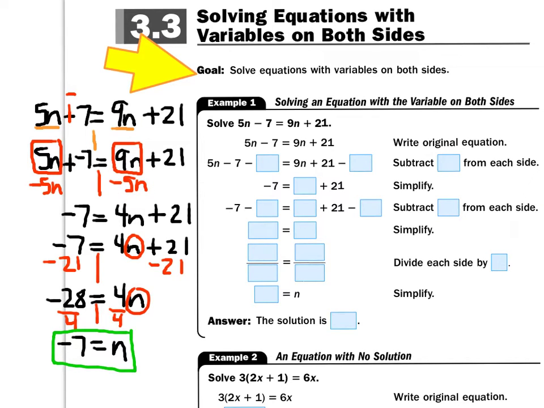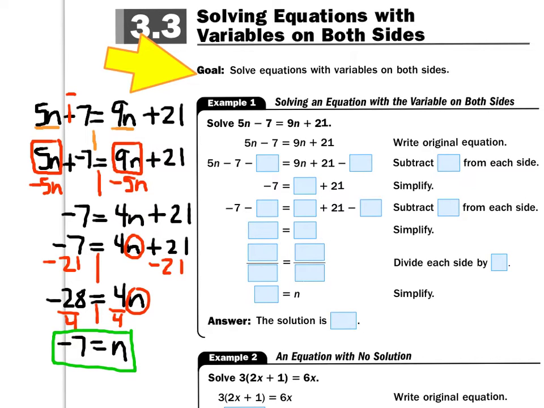And so now I simplify. 5n minus 5n destroys each other, so they cross out, they disappear. I let the negative 7 slide down, let the equal sign slide down. Now 9n minus 5n gives me 4n, and then I let the plus sign come down, I let the 21 come down. So now I have a two-step equation that I know how to solve.